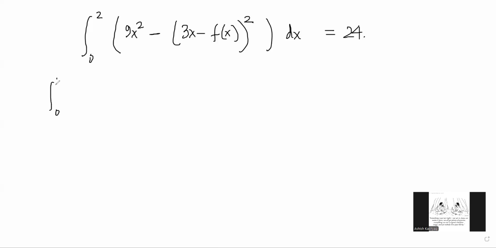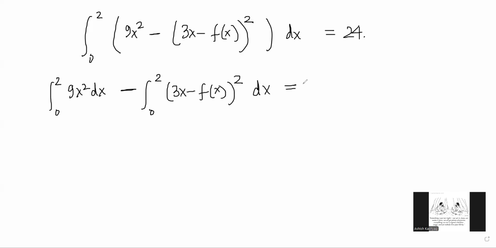So splitting this integral, you get the integral from 0 to 2 of 9x square dx minus the integral from 0 to 2 of (3x minus f of x) whole square dx is equal to 24, right? Now let's calculate this because this is pretty easy. So this will be 9 into x cube by 3 evaluated from 0 to 2.